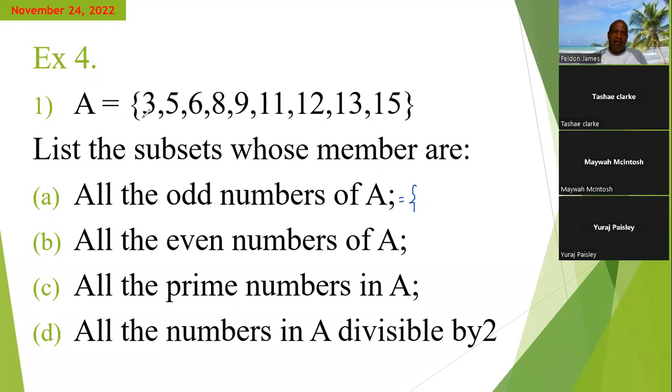So we have 3, 5, 9, 11, 13, 15. Those are all odd numbers. I hope everybody knows what odd numbers are. Can somebody tell me what odd numbers are?